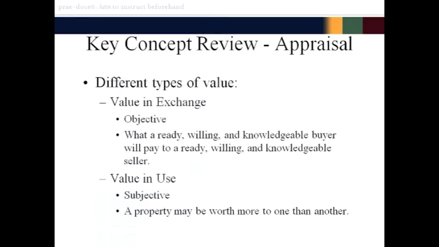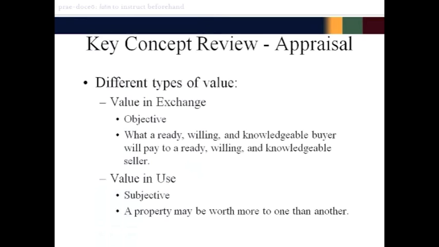In addition to that, there's various types of value. Value in exchange tends to be objective. It's what a ready, willing, and intelligent buyer would pay to a ready, willing, and intelligent seller. Another word for intelligent is knowledgeable. Value in use tends to be subjective.